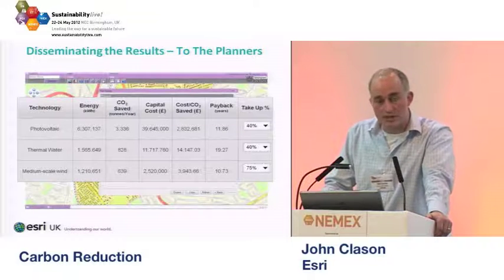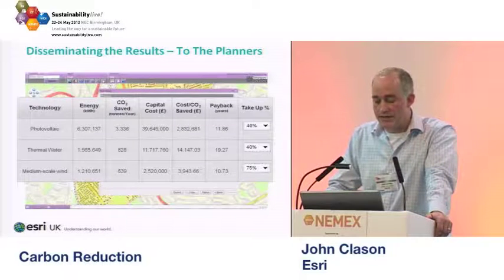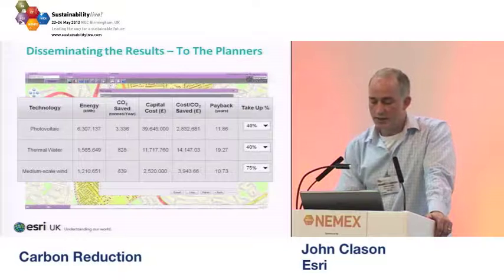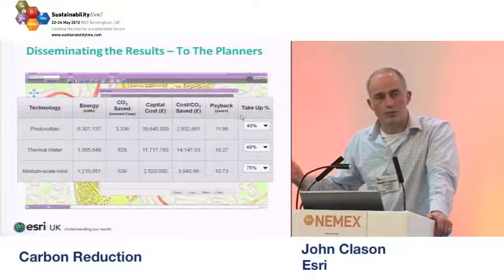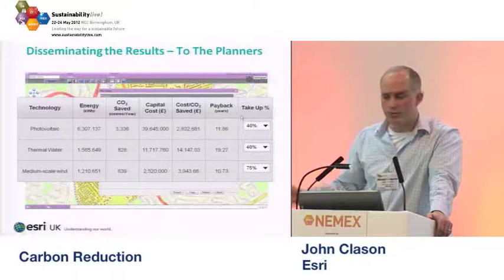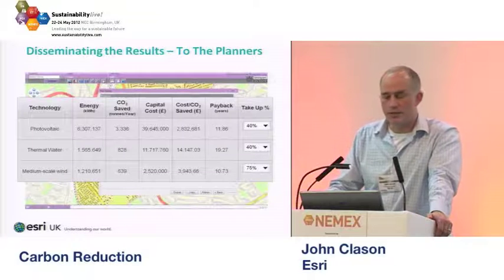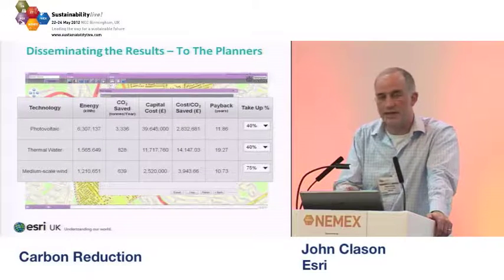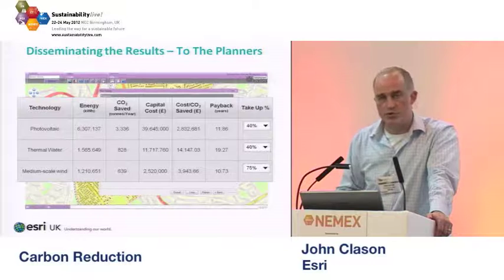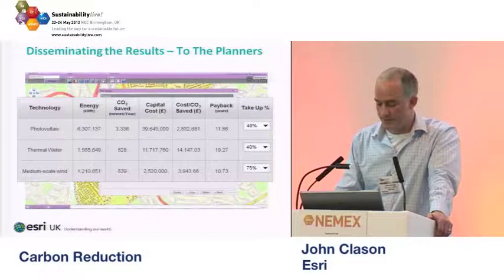What's going to have to be spent potentially to make the investment needed, and the likely paybacks? And what's the likely take-up going to be in that area? Your gut feel, are 40% of the people going to take up the options? You can alter the take-up there, and you get a report produced off the back of this as well. So it's helping to inform where you can begin to target certain measures.